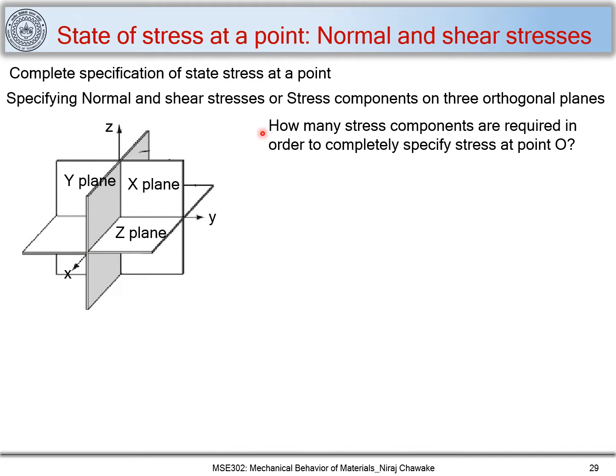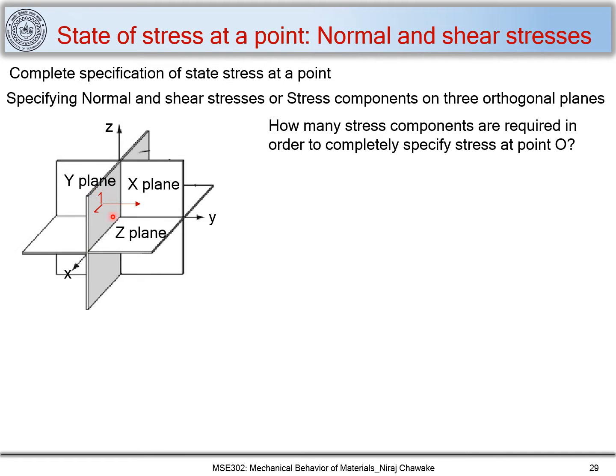Now, how many stress components are required in order to completely specify the state of stress at any point O, let's say here? We have seen earlier that any force, or any stress acting on a plane, can be resolved into three components. One is normal stress perpendicular to the plane, and two shear components which are parallel to the plane.